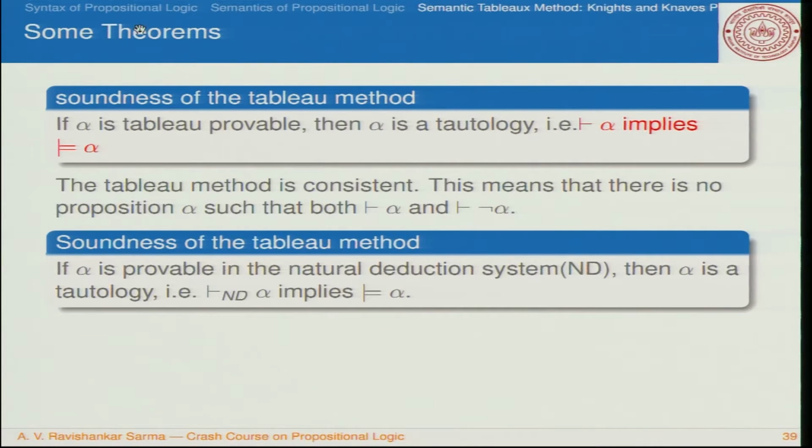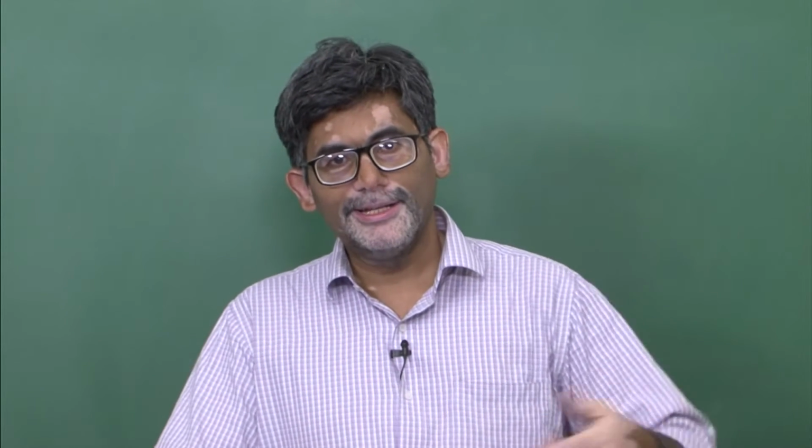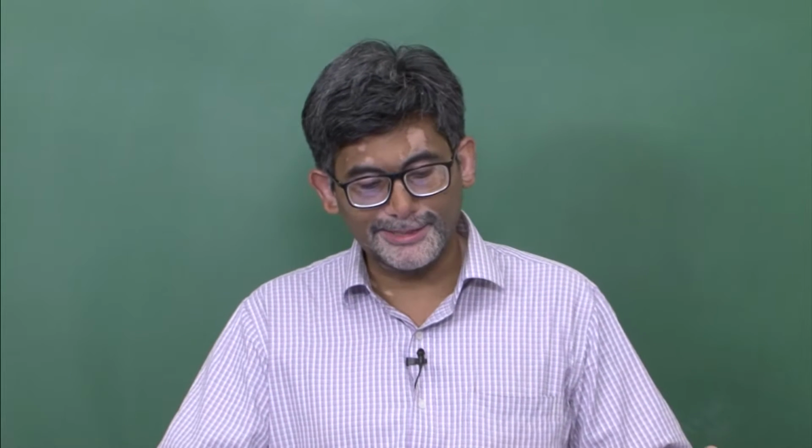So soundness of the tableau method, how do you do it? It is like this: if alpha is provable in the natural deduction system, which is another kind of system where you prove certain theorems by simply following valid principles of logic, like modus ponens, modus tollens, conjunctive, disjunctive syllogism, etc. If something is provable in the natural deduction method in that way, it can very well be done by using the semantic tableaux method also.